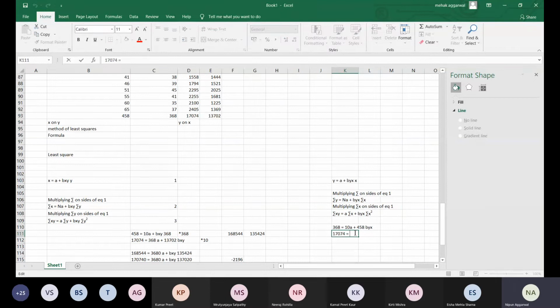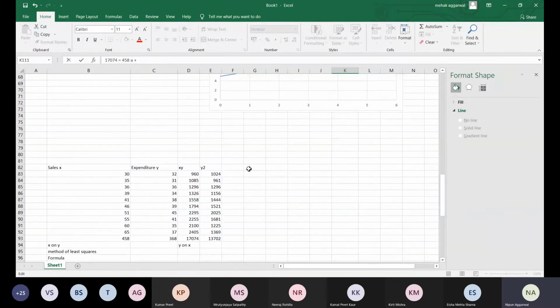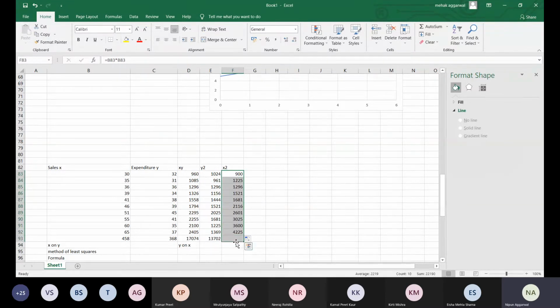So 17074 is equal to a sigma x, so sigma x is 458, so 458a, plus now you want summation x square. We have not calculated x square, so first you have to calculate x square from the data: x multiplied by x. Now the summation of this x square is 22190.